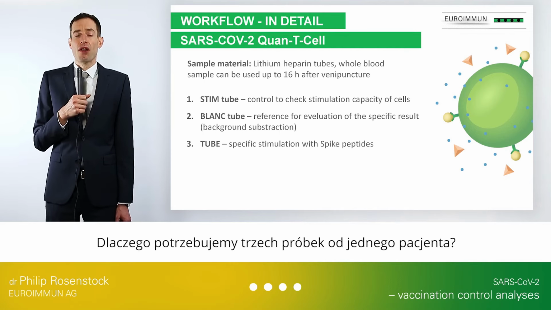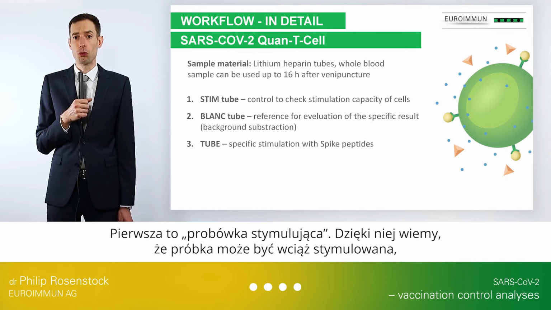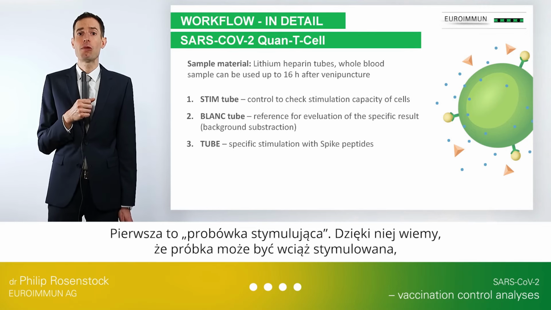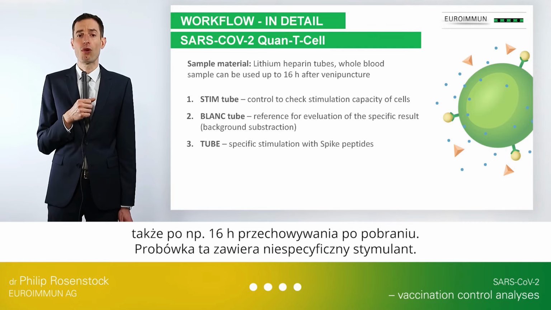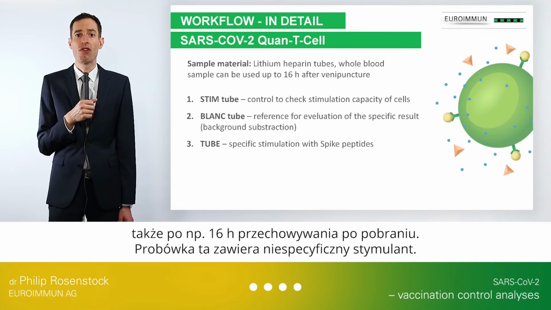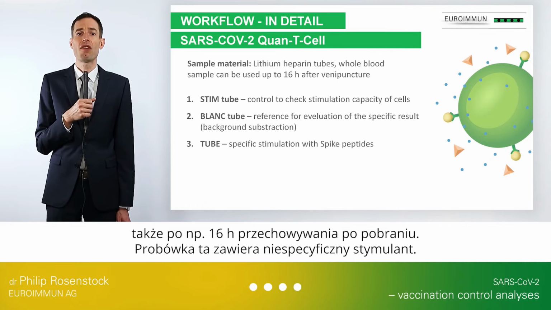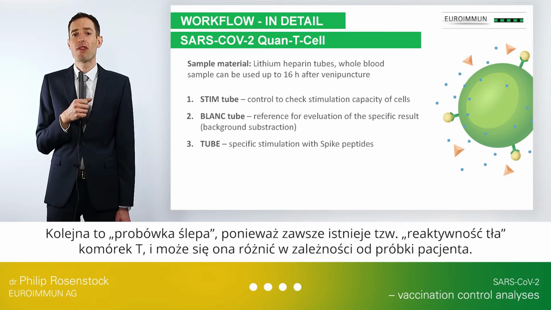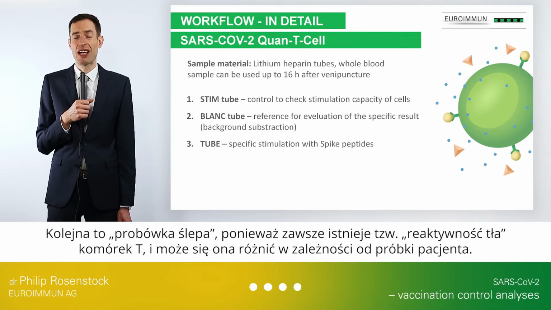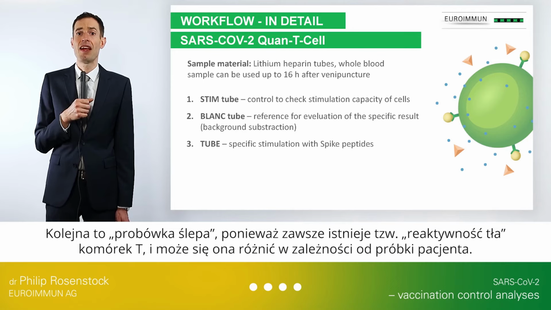So why do we need 3 tubes for one patient? First is the stimulation tube. This one is needed to show that the sample can still be stimulated after, let's say, a storage of 16 hours. So it contains an unspecific stimulant. Next one is a blank tube. We always have a kind of background reactivity of T cells that differs between patients.